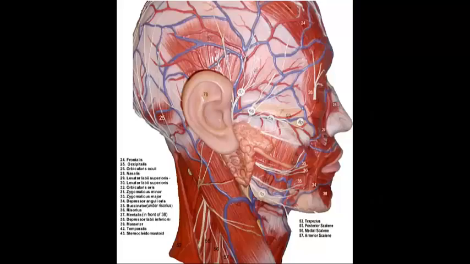Another picture here of the face. Okay, so let's take a look at some of the things that are very visible here. We got the frontalis. That's going to be the frontalis. Orbicularis oculi. And the muscle that is actually at the bottom of the orbicularis oculi, that is going to be the levator labii superioris.